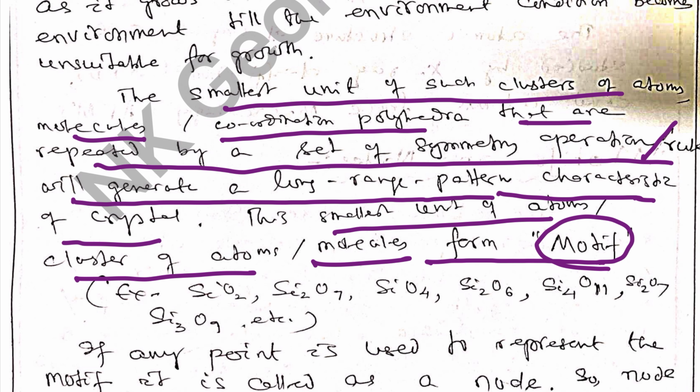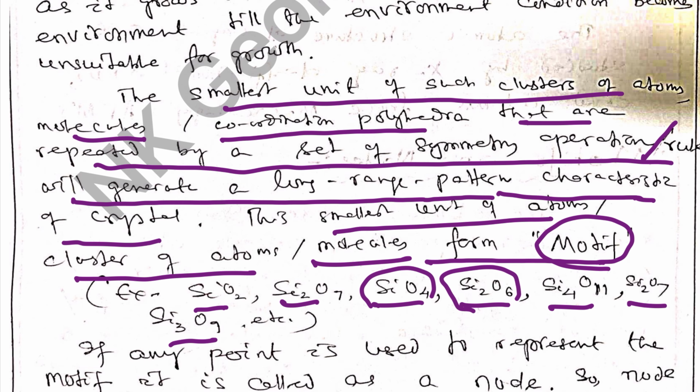And this motif may be SiO2, Si2O7, SiO4, Si2O6, for example, Si4O11, Si2O7, Si3O9. Why do we consider these? Because these are the silicon oxygen polyhedra.